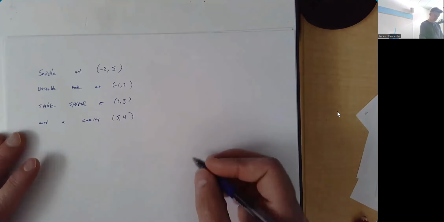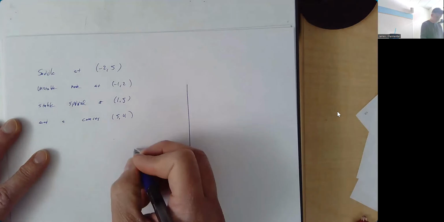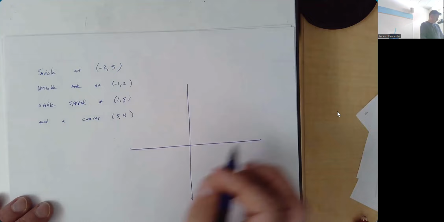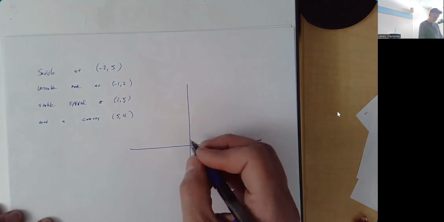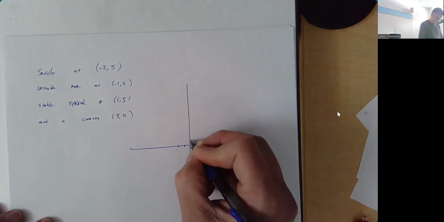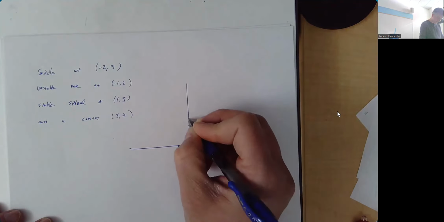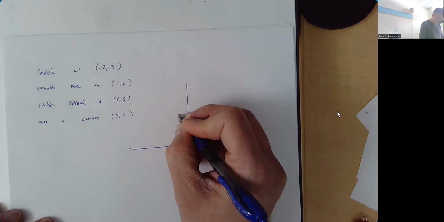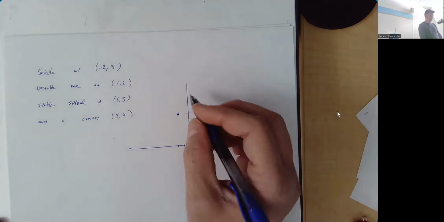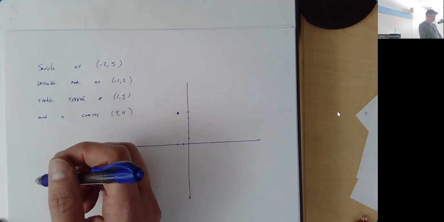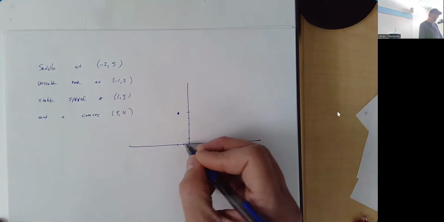So if I was going to draw this picture, I have a saddle at -2, 5. I have an unstable node at -1, 2.